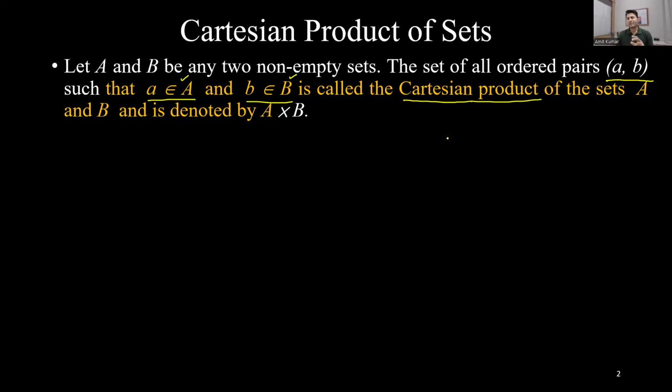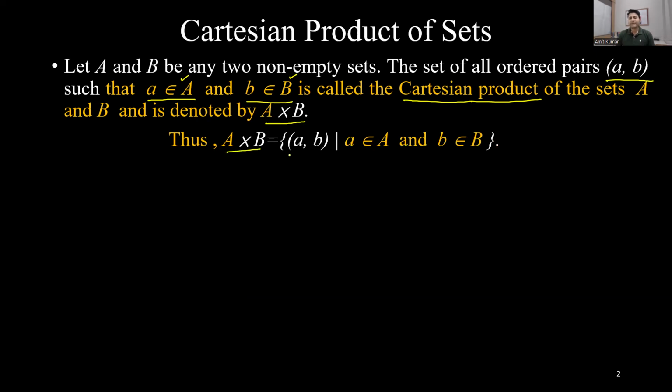Cartesian means we are talking about a two-dimensional, x-axis, y-axis kind of scenario. It is denoted by A cross B, and defined as the set of elements (a, b), where a is from set A and b is from set B. Do remember this is an ordered pair.